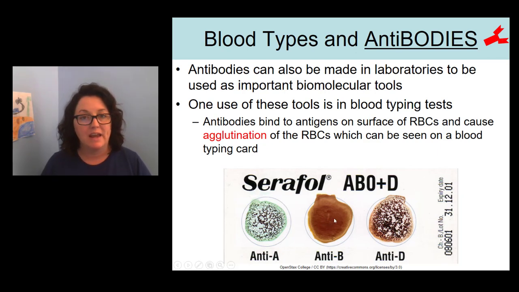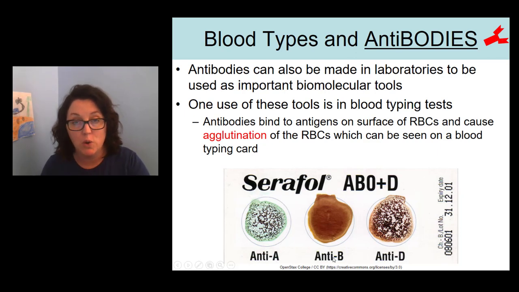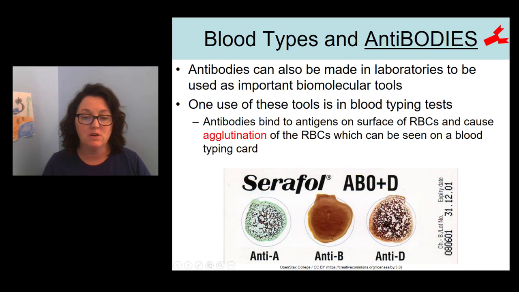So this is what a negative result looks like in a blood typing test. This just looks like some dried blood. That means nothing happened, which means there's no agglutination. So that means this antibody B had nothing to bind to, meaning there is no B antigen present. But in both cases here and here, we can see agglutination has occurred, that clumping has occurred, right?